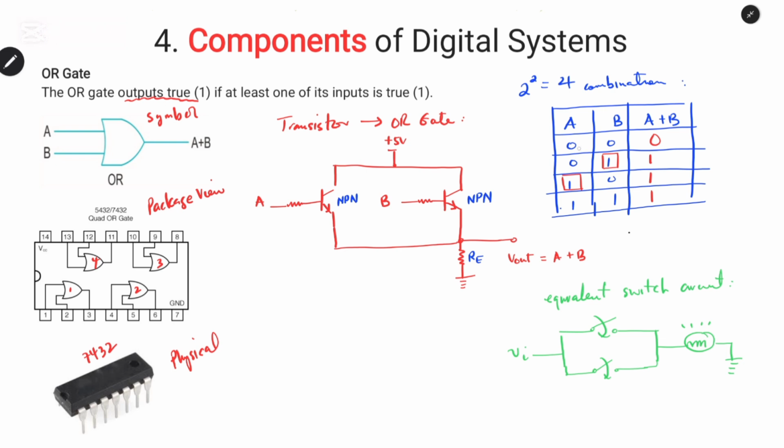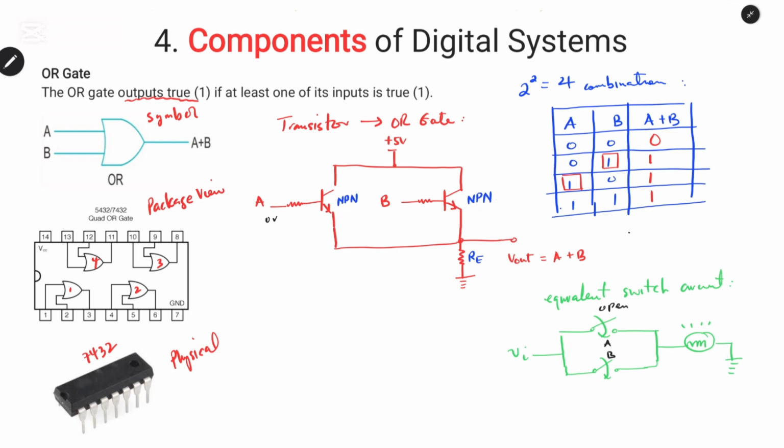So when both inputs are 0, that means if we apply 0 volts, that means this switch is open and this switch is open. So no current will flow through this region. And this is also open. So the output will be low.